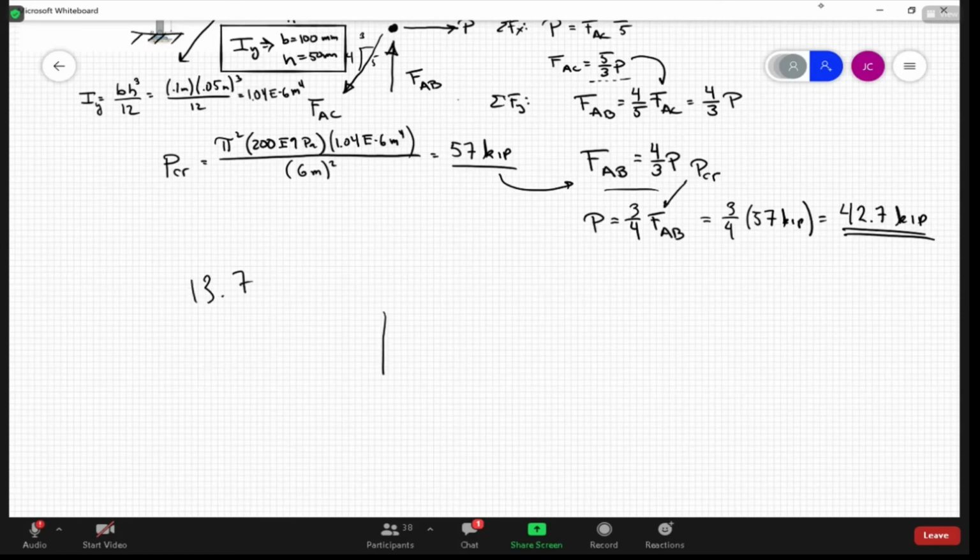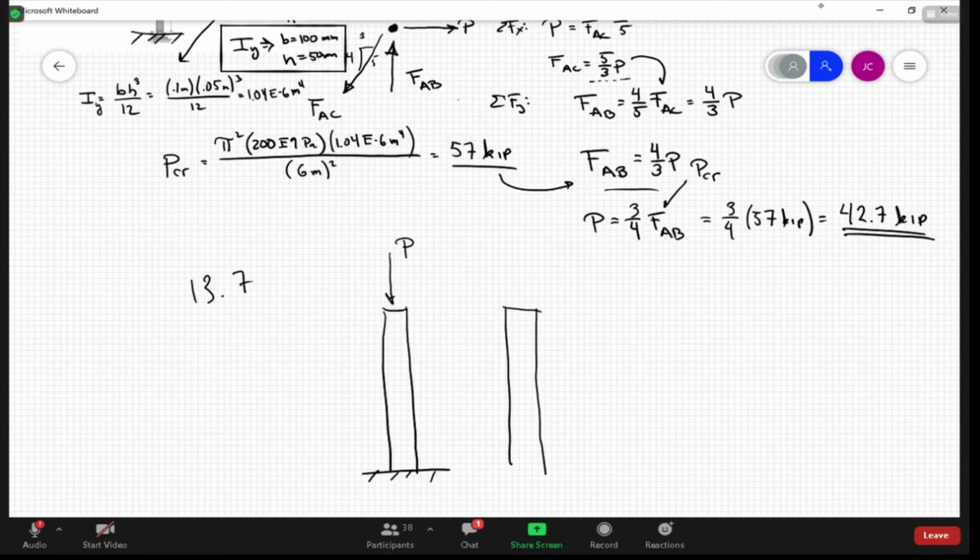If you have a column, like let's say we have a column like this, and you apply a force P, and then you have the same column, same E, same I, same L, same end conditions, but for some reason, the force is applied a little bit outboard of the neutral axis. There is some eccentricity, e.